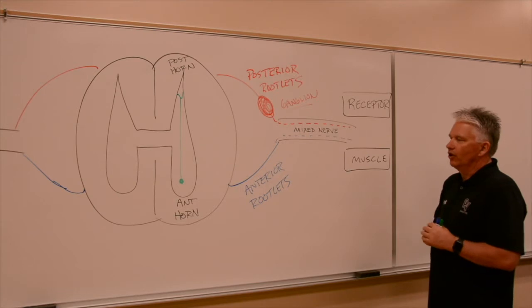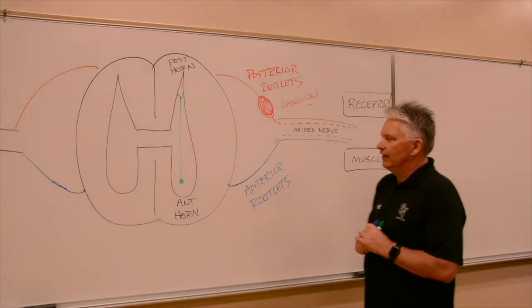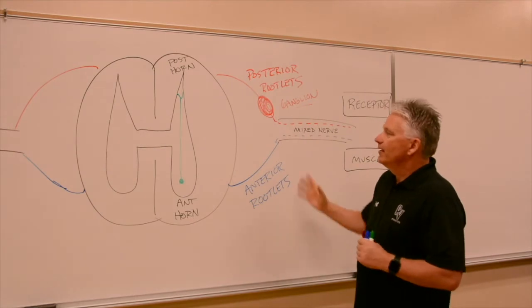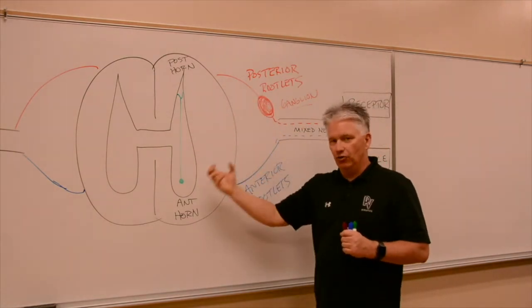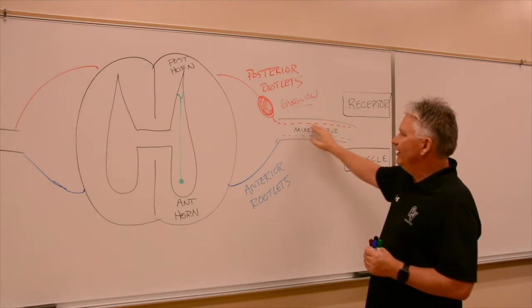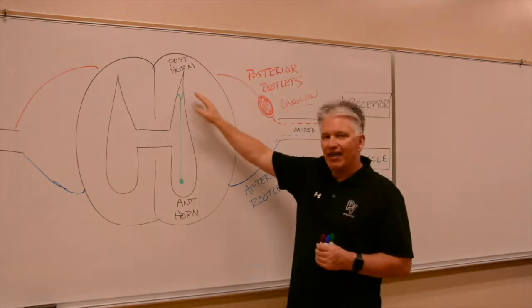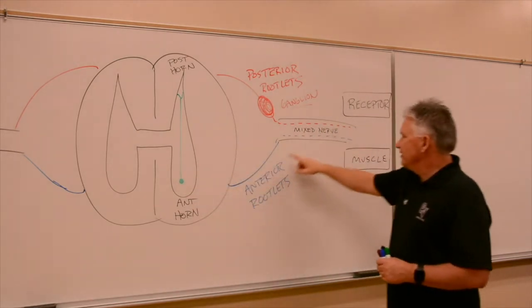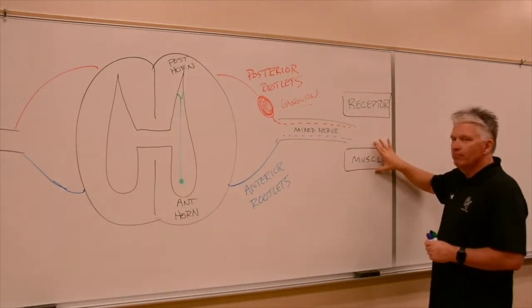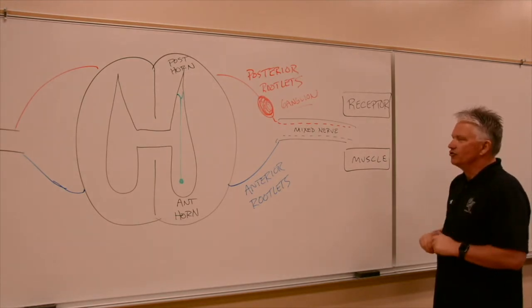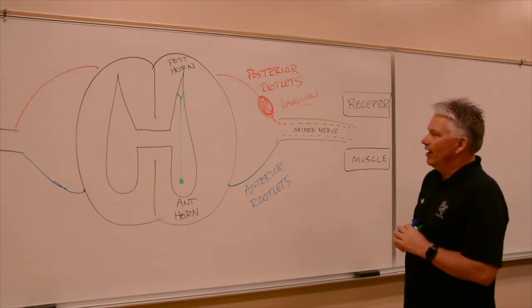So we're going to look at reflexes in a couple of different ways. First thing that we want to mention is that we are talking about spinal cord reflexes. We are talking about information coming in a sensory path from the body, and we are going to stimulate some sort of motor output, skeletal muscle contraction, also out in the body.